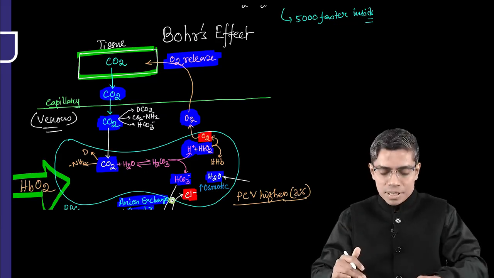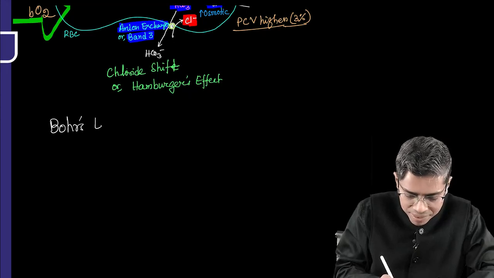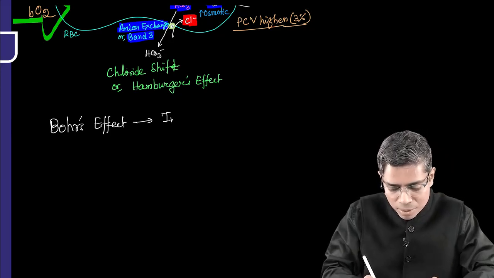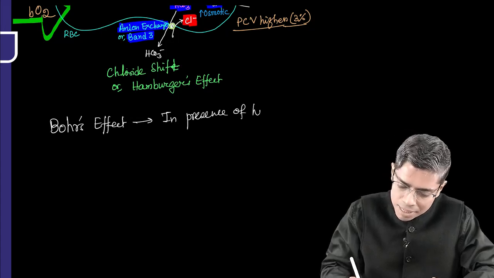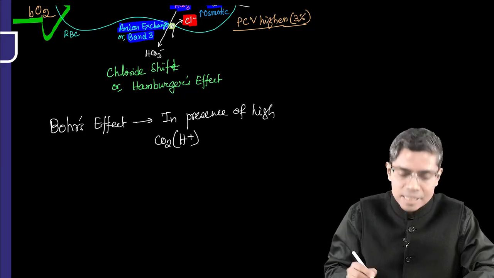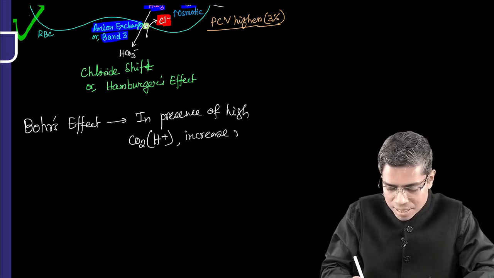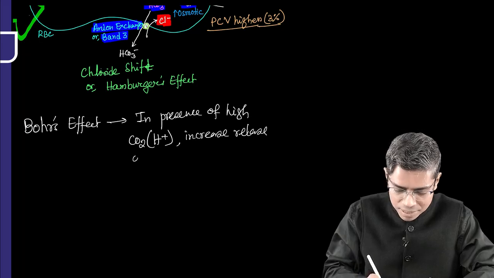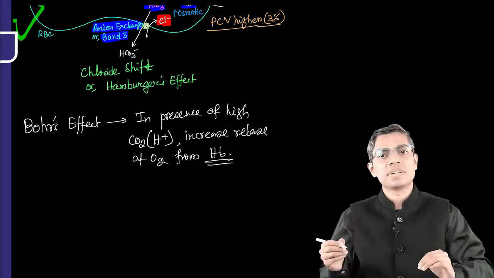So we describe the Bohr effect like this: in the presence of high carbon dioxide or H plus ion, there is increased release of oxygen from hemoglobin. This is nothing but the Bohr effect.